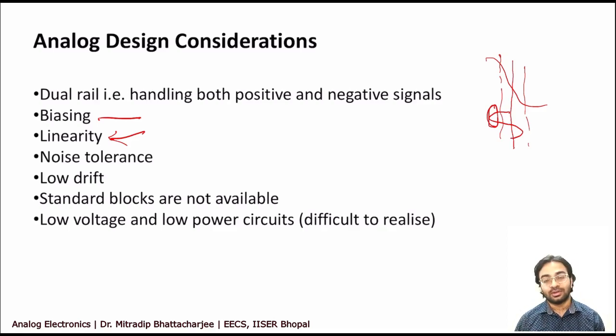Then you have noise tolerance. As I have already said, noise is always a matter of concern in a circuit. Sometimes the noise is not even external; the circuit itself may generate some noise. For example, if you have a 5-stage amplifier, each stage will generate some noise, and it will amplify the signal.